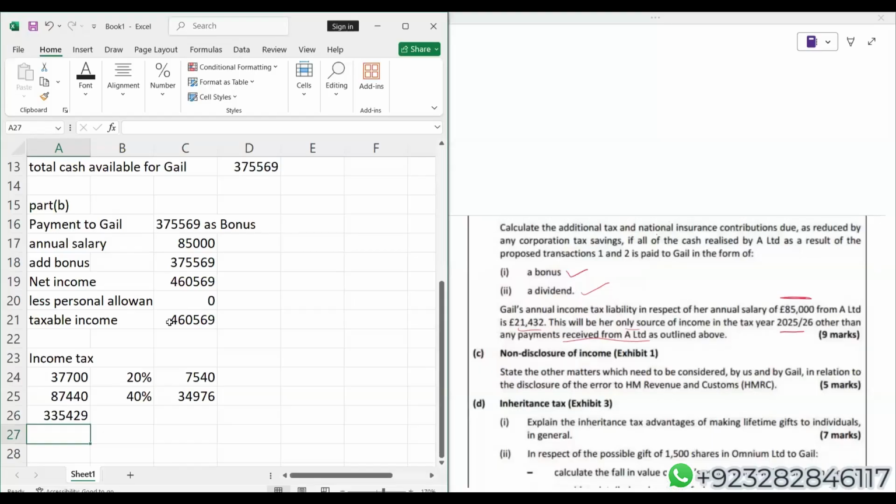So in the additional rate band, we are getting 3,35,429.